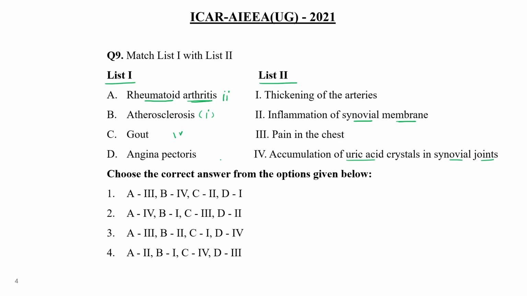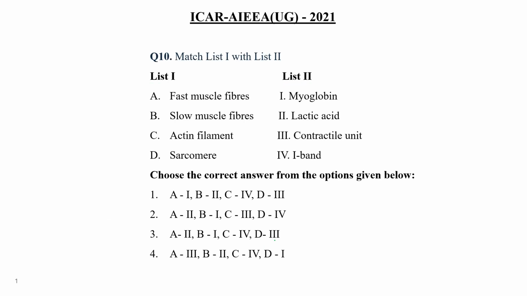And angina pectoris is a type of disease related to the heart or chest. If somebody feels sudden pain in the chest, that is known as angina. Angina means pain in the chest, angina pectoris. So this must be the sequence. A comes with the second choice. Also, out of 4, only the fourth option has A with 2. So the fourth option would be the correct answer.